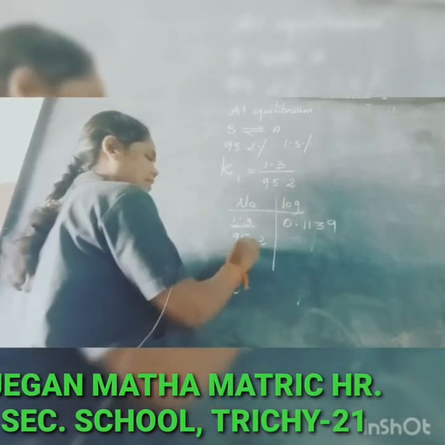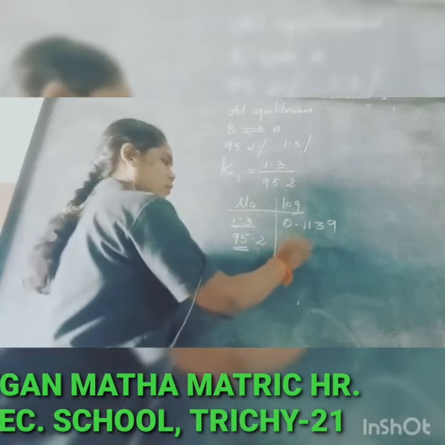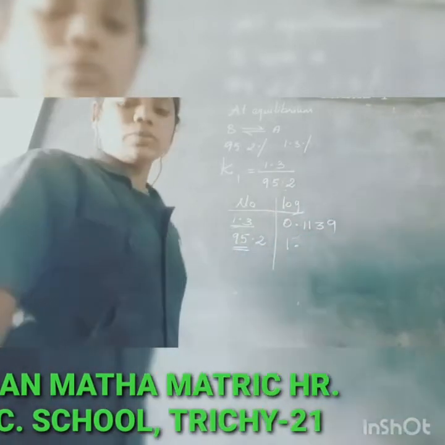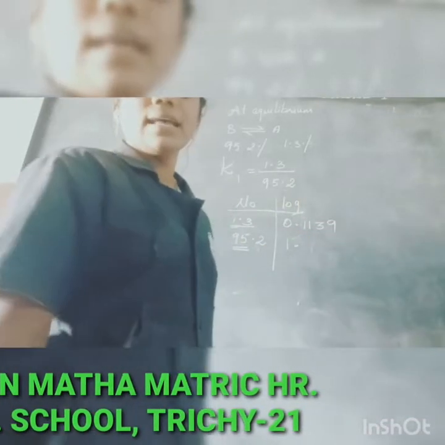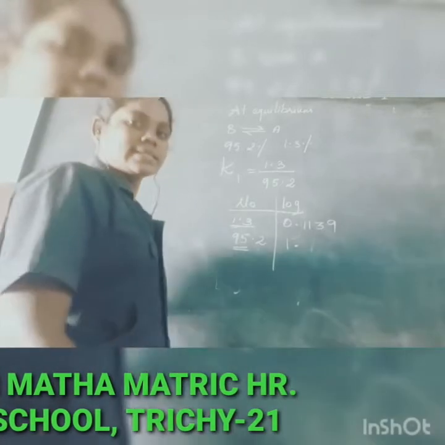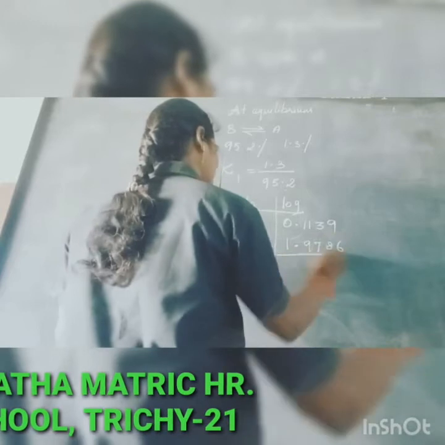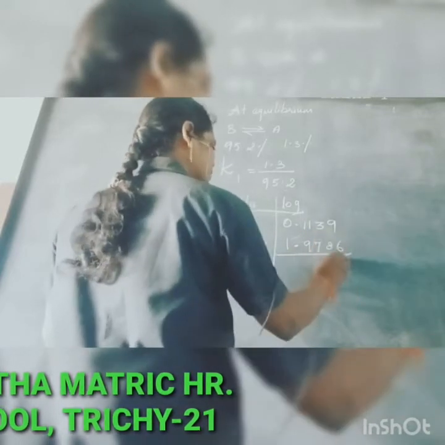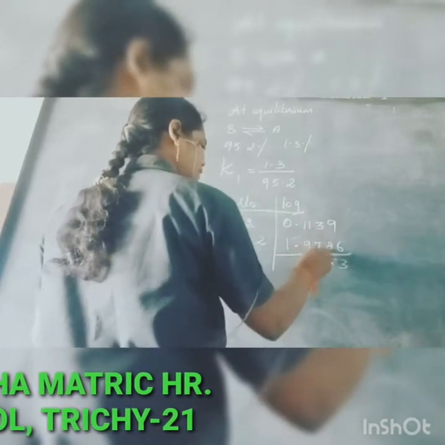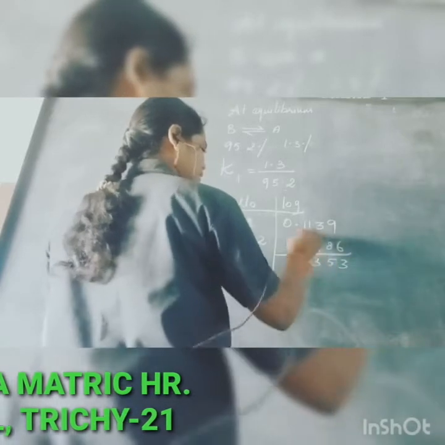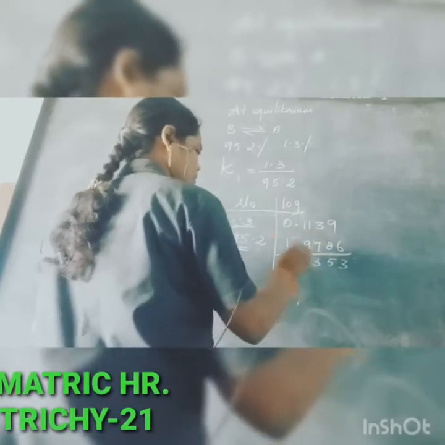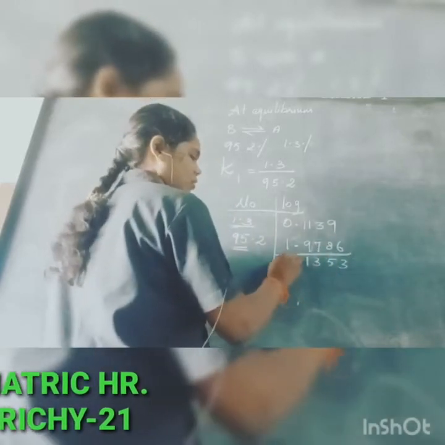And next one, 95.2 means 1.952, and the answer is 1.9786. So subtract these: 3 minus 7, 3 borrow 10 minus 9 is 1. So here 1 bar minus 1, that gives 2 bar.